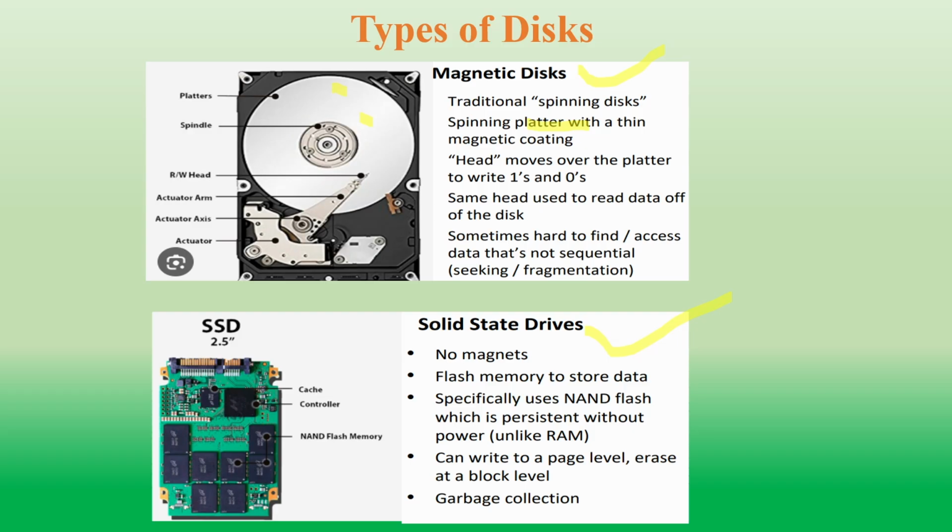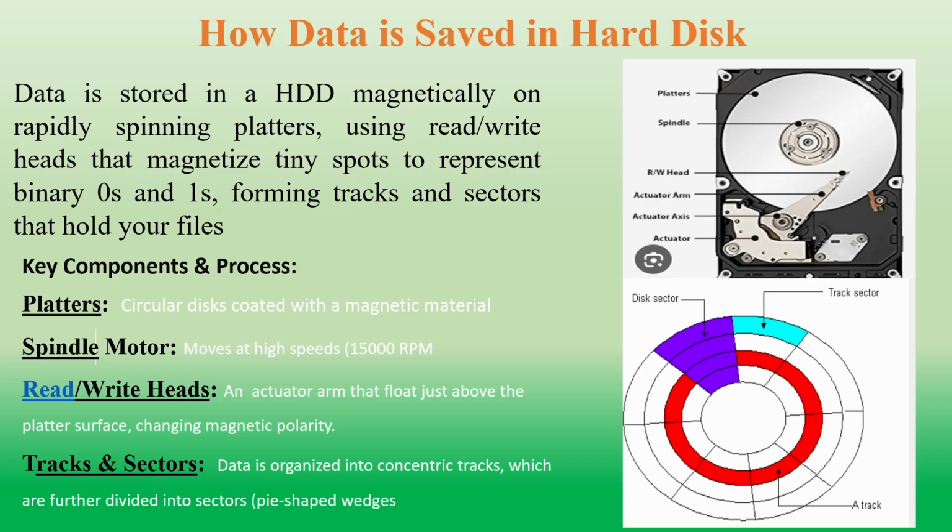So this is a mechanical part and it moves mechanically. In the SSD, there is no magnet, only flash memory is used to store the data, as NAND flash, which stores the data even when the power is off. So this is the difference between magnetic disks and solid state drives.